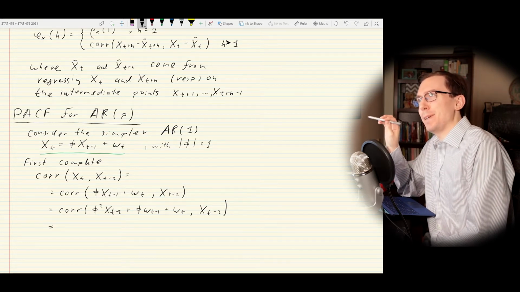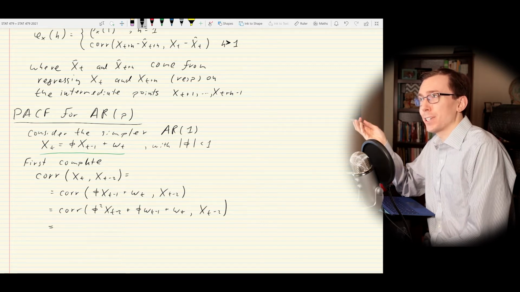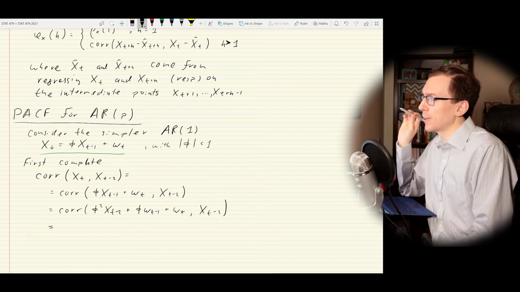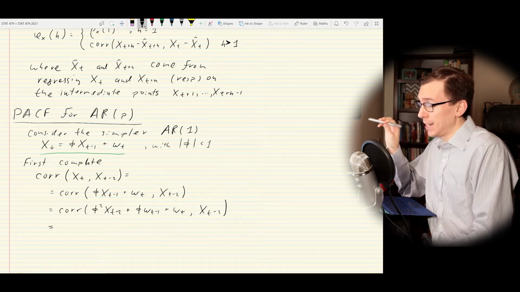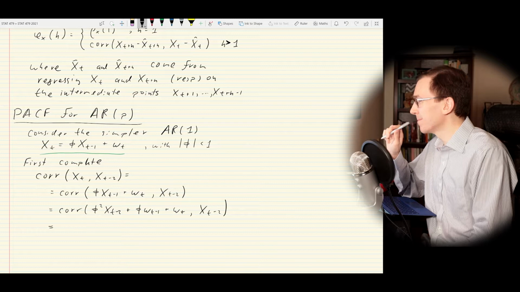But strictly speaking, the covariance function is bilinear. It's linear in each of its two arguments, whereas the correlation would not necessarily be so, because the denominator would change because of the variance. That's interesting.